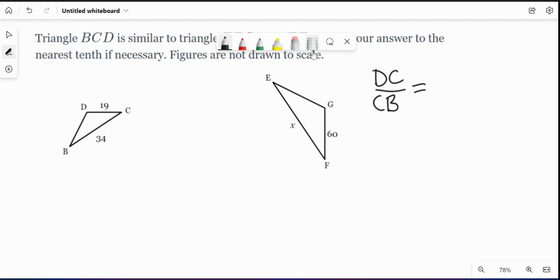This is going to rotate all the way over here to 60 over X, so GF over EF. You don't have to really write this first step, but I just want to show why it's corresponding and how this is set up in the proportion. So we have 19 over 34 is going to be proportional to 60 over X.